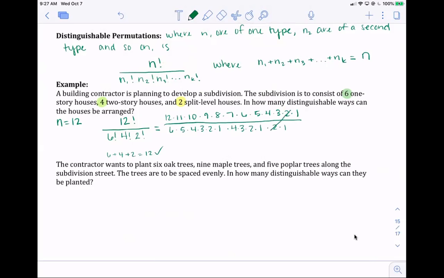Our 2 and our 1 can cancel, our 3, our 4, our 5 and 6 can cancel here. 3 times 4 is 12, so those can cancel. And then we're left with a 2 times 2, which is 4, which can cancel with our 8, and we're left with 2 up top.